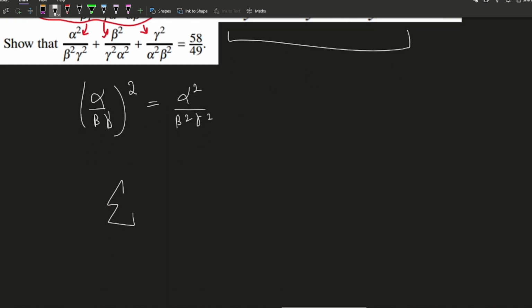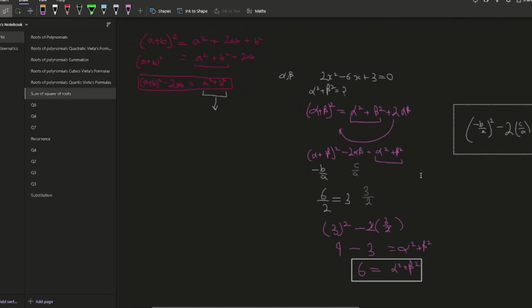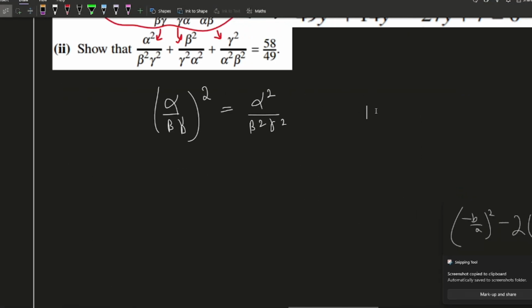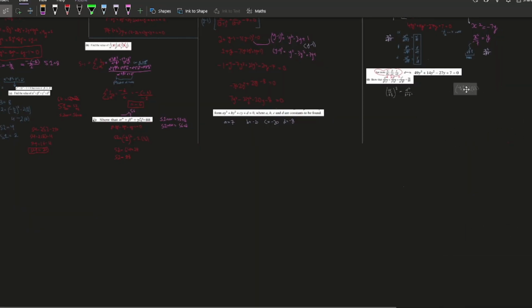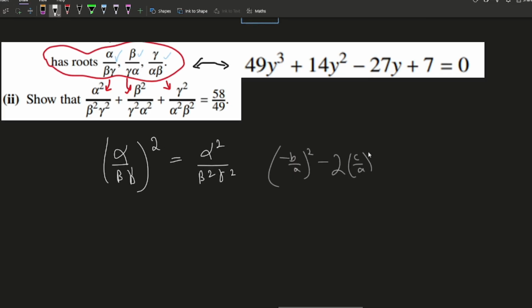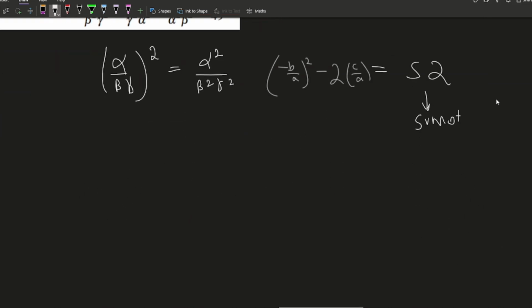So how can we do that? We know that there is a universal pattern that the sum of square of roots actually follows, which is this one. So we will simply apply this using our equation. This will give us S2, which is the sum of square of roots, because the roots of this equation are being squared.